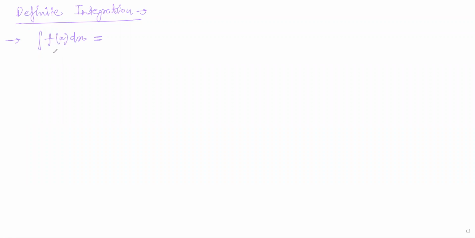If we have a function f(x) and we want to integrate it, we'll get another function. For this, we need to apply either integration by parts, partial fractions or substitution. We had 3 basic methods to solve indefinite integration. And when we were doing indefinite integration, we always used this C, which represents the constant of integration. We have talked about it in detail.